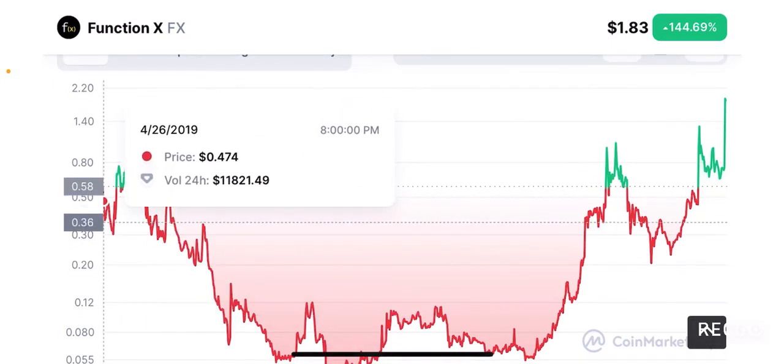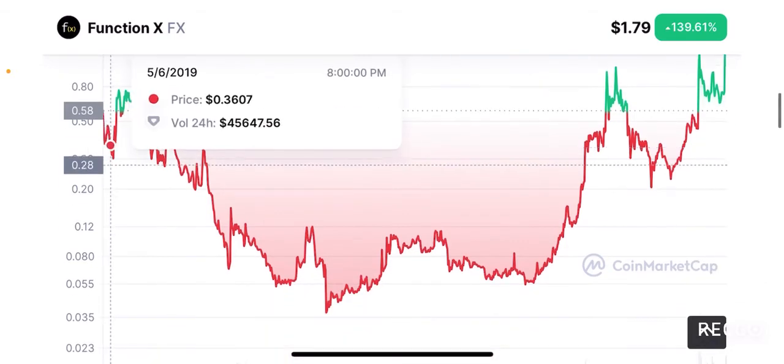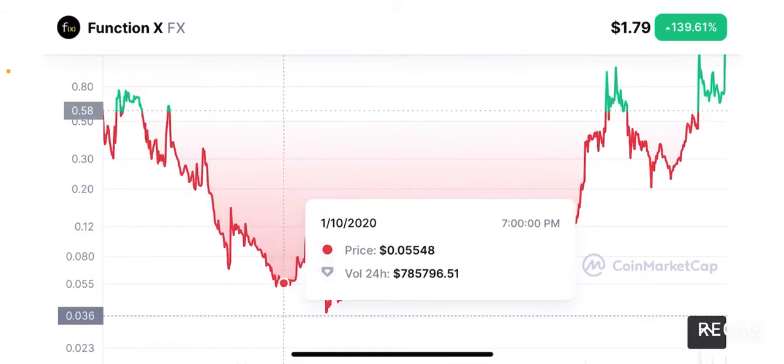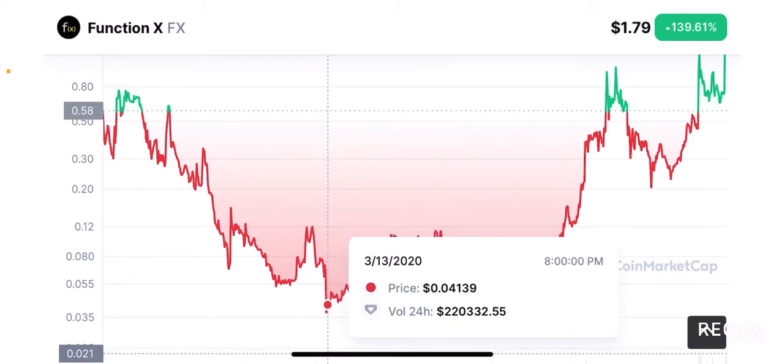And if you take a look, the token has been around since 2019, and the price on 26th of April 2019 was 47 cents per token, and then since then the token literally started declining and it reached an all-time low of about 3 or 4 cents per token on 13th of March last year, which was when this token had its all-time low.